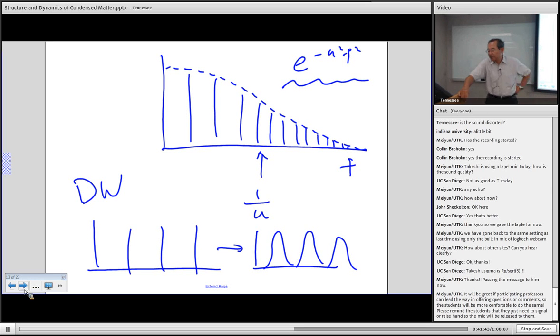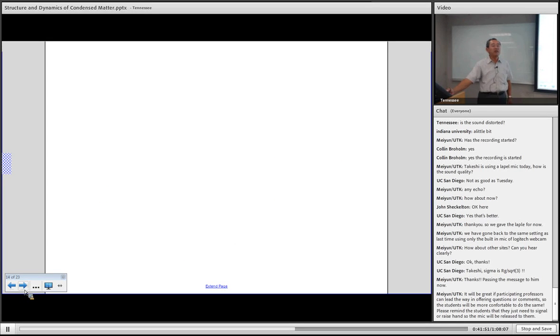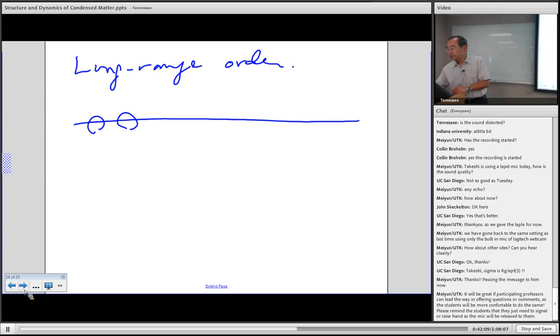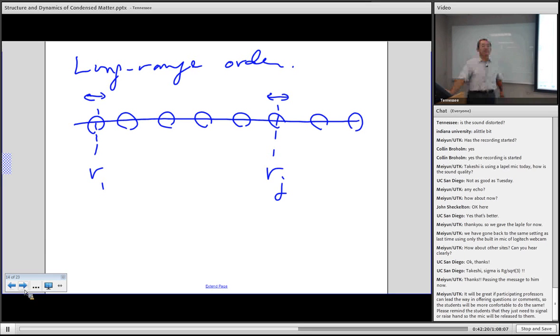This actually is a pretty deep concept and relates to the concept of long-range order. That means atoms are here, and each atom is vibrating, but the average position of R1 and Rj is not changing, right?